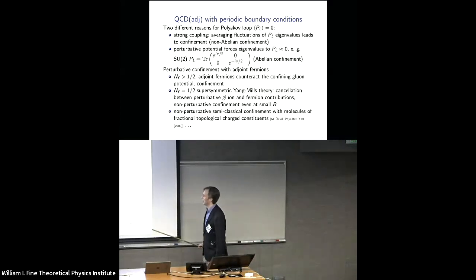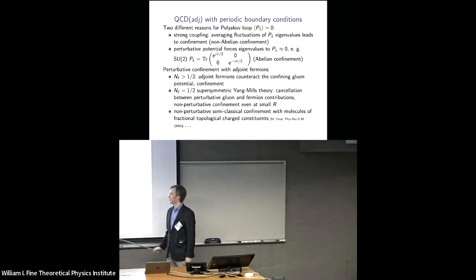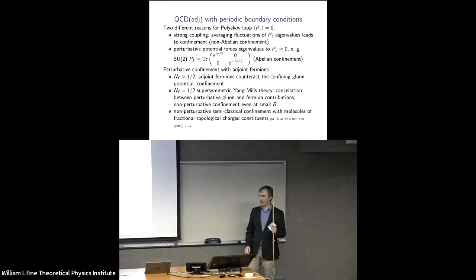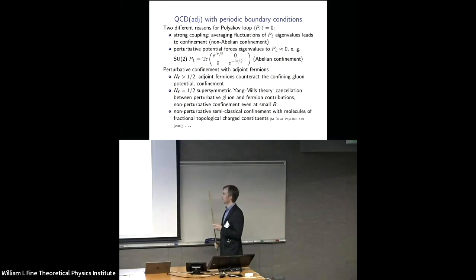And therefore, if you consider a larger number of flavors than in supersymmetric Yang-Mills theory, you immediately will see that you end up in a confined phase if you consider periodic fermion boundary conditions.